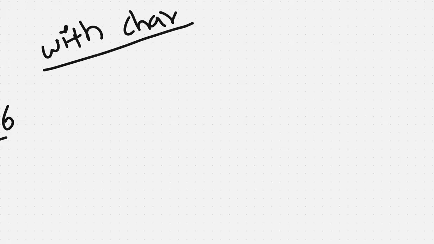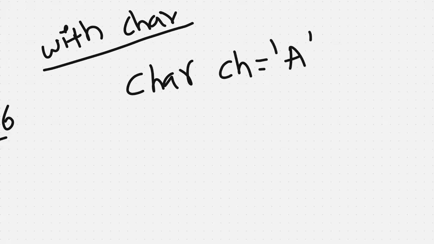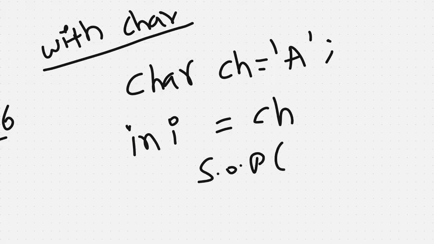Next, type conversions with characters. For example, here I can define a char ch equal to 'a'. Now I can convert it to an integer. Then I can print System.out.println of i.